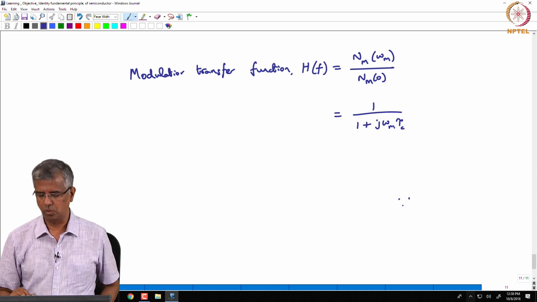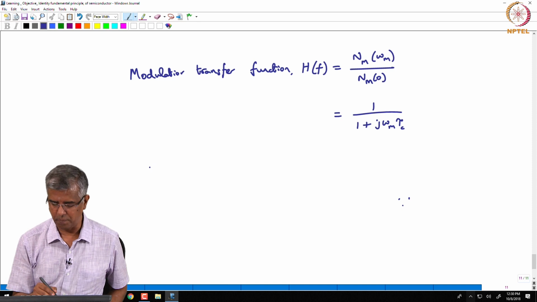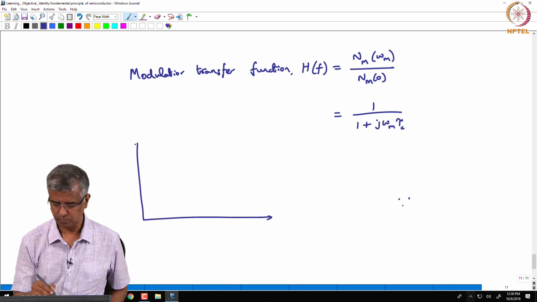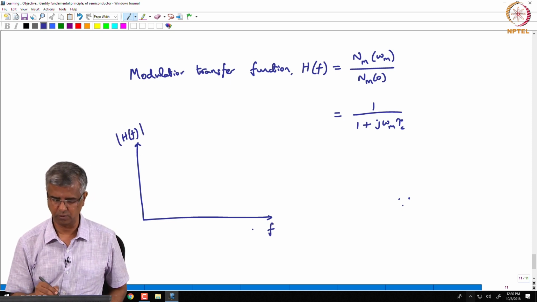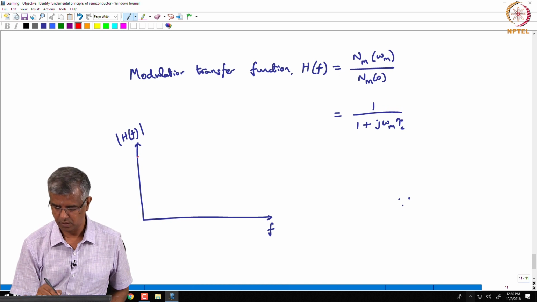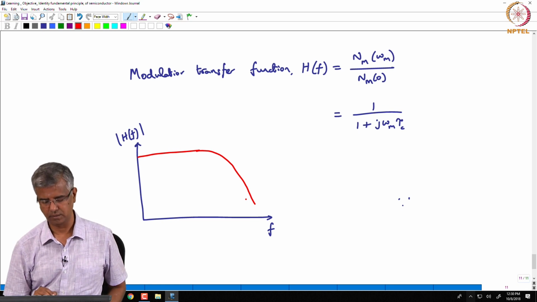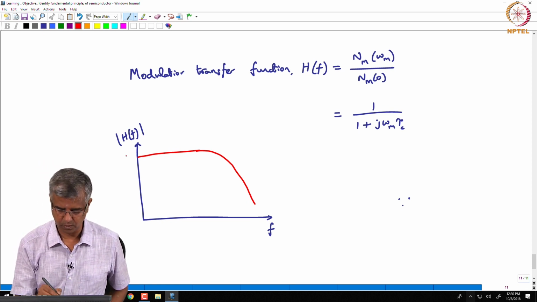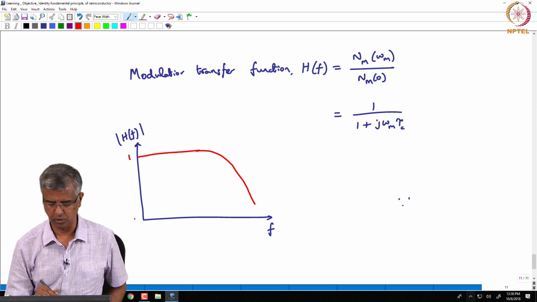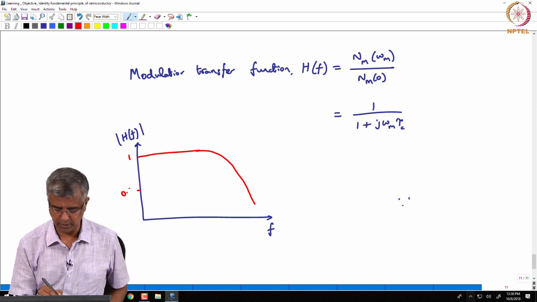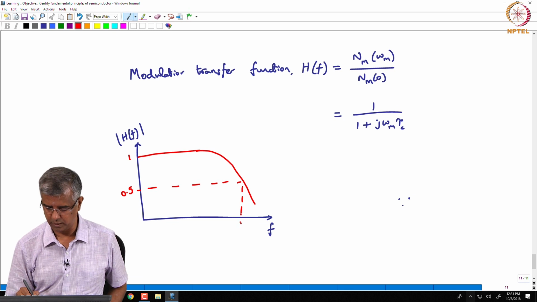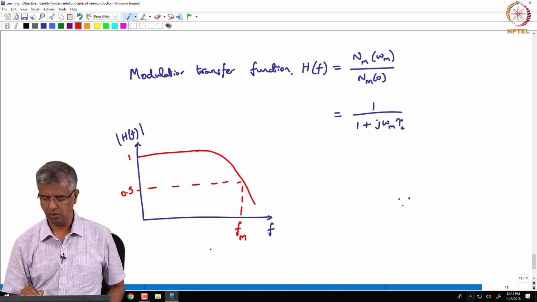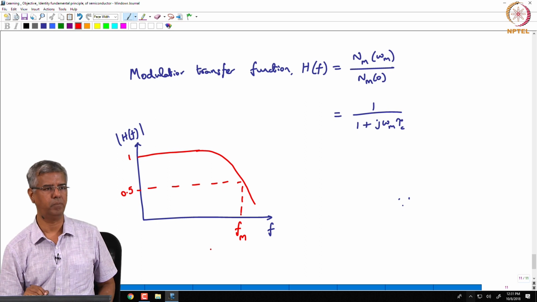Okay. So if you plot the magnitude of h of f as a function of f, what you will find is a flat line, and then it is going to start coming down. So let us normalize this, so this corresponds to 1, but we are interested in the frequency at which the modulation transfer function falls off by 3 dB or half.